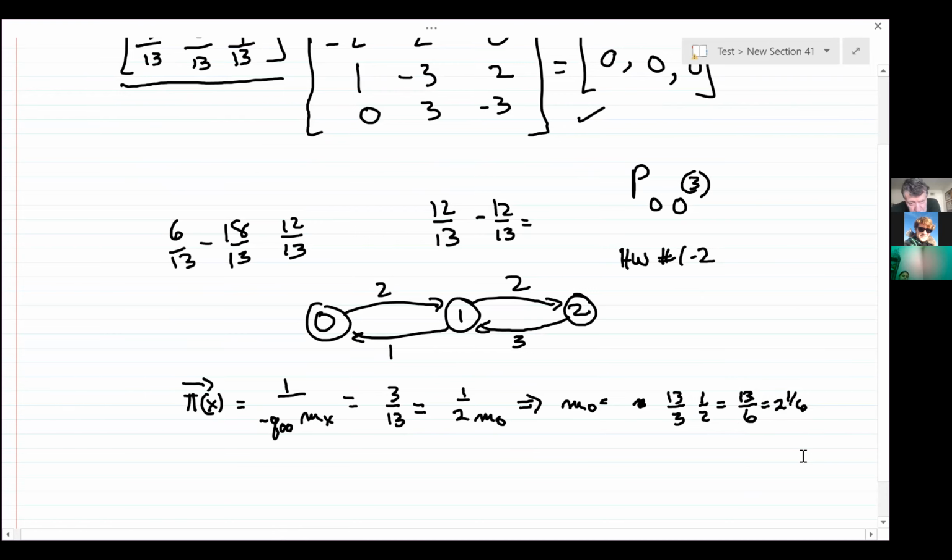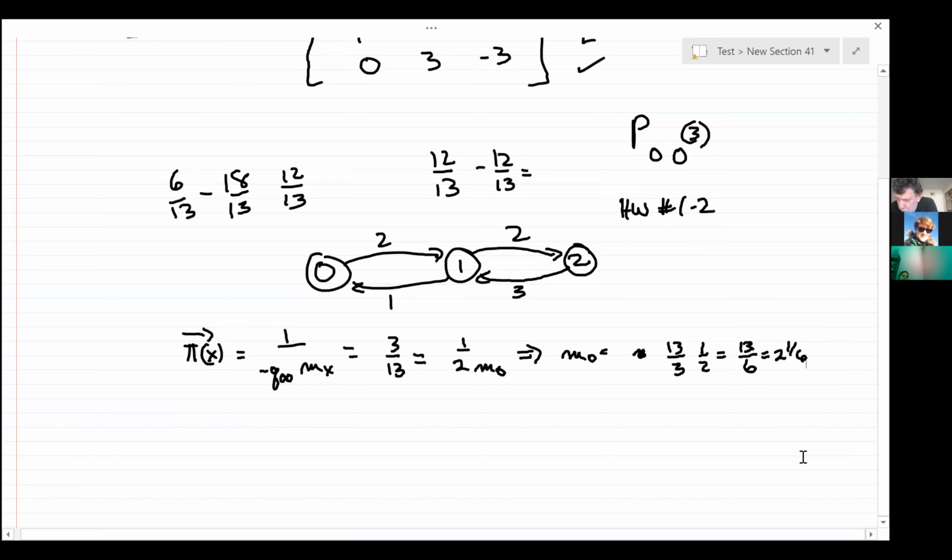Let's do the other two. So in here, I put in x being 0. Now I'm putting in x equal 1. If I put in x equal 1, I get pi at 1. That would be 1 over minus q11 m of 1.